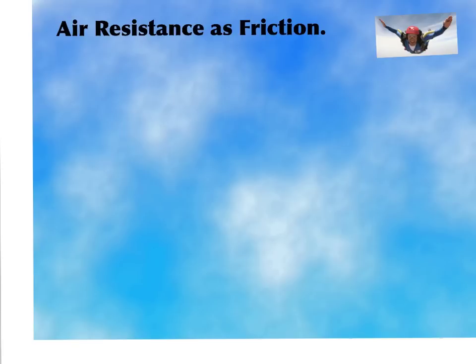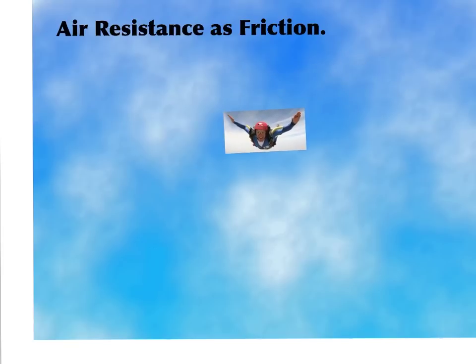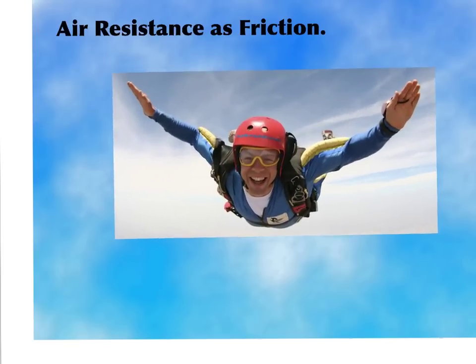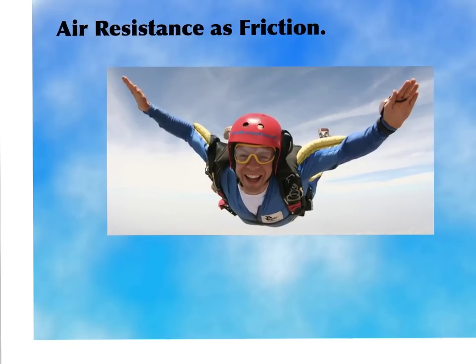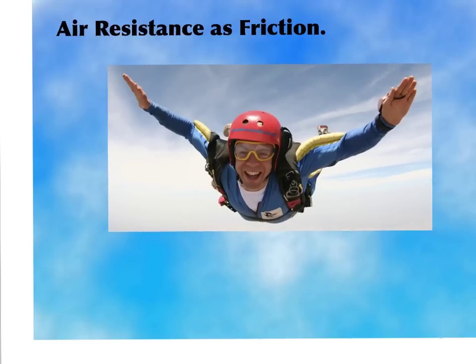A common form of friction is air resistance. And so if we have a skydiver who's coming in, and he's coming in really close, he's got a couple forces acting upon him in a vertical direction. The first one is gravity. So we're going to draw that in red here.